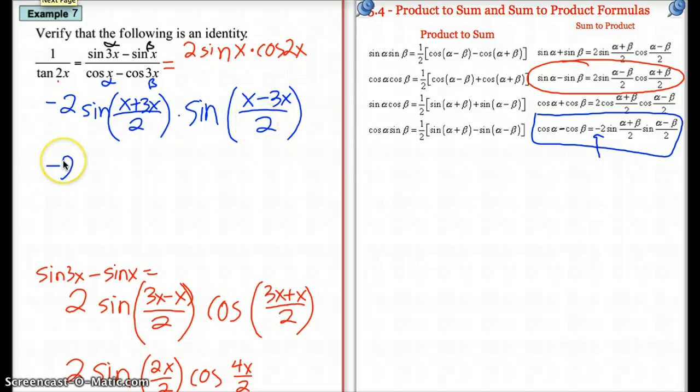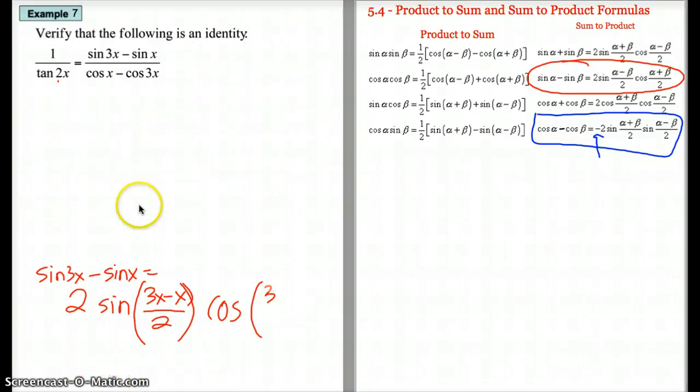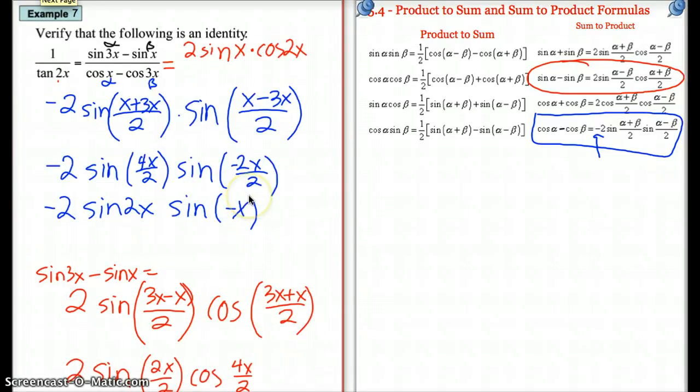Okay, so this simplifies to -2 sine of, let's see, we'll have 4x over 2, and the sine of -2x over 2. -2 sine of 2x, and then the sine of -x. Okay, so there's one thing that I'm not liking about this. I don't like that -x.